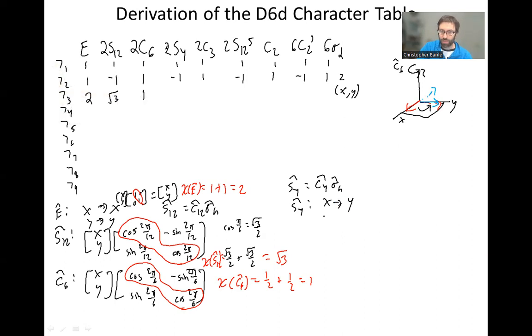So we got x going into y and y going into negative x. We're spinning this across the z-axis, remember? And so when we write our matrix, we get off-diagonal elements now. It looks like this. That explains how x, y goes into y and negative x.